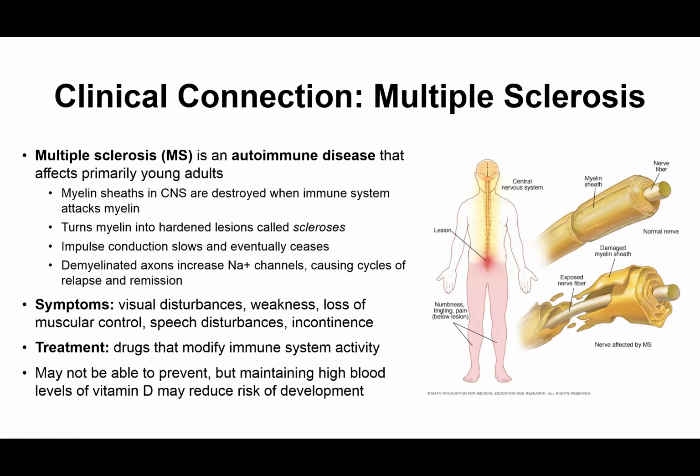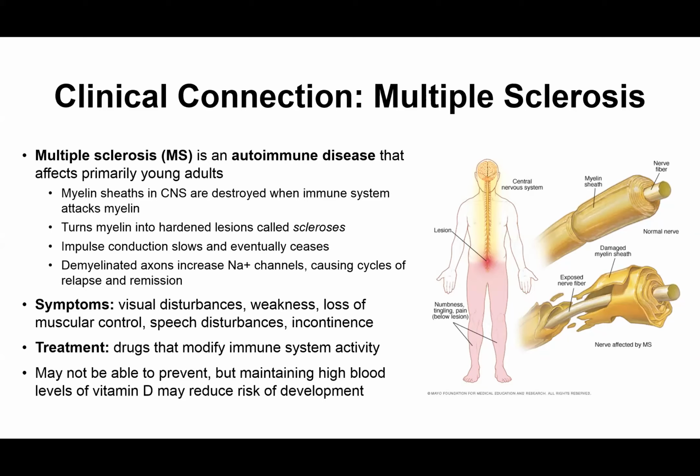If you're not sure what autoimmune means, it means your immune system attacks your own cells because it treats them like foreign invaders, as if your own cells were a bacteria or a virus. So autoimmune means your immune system is attacking your own cells.